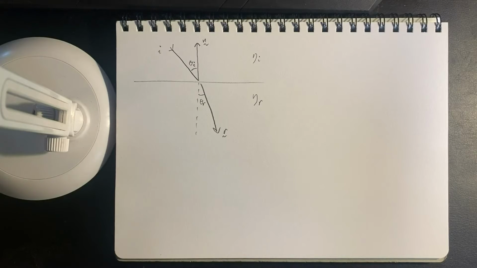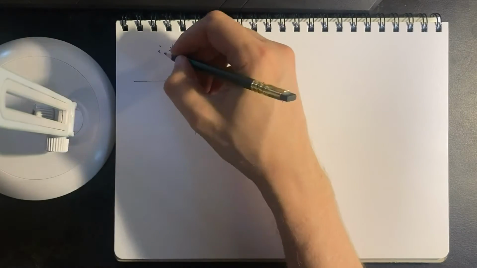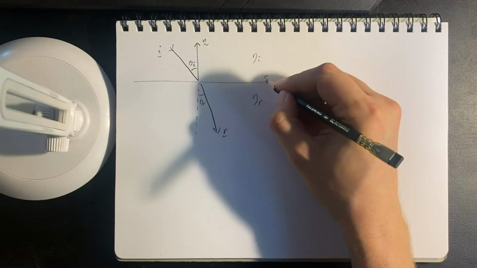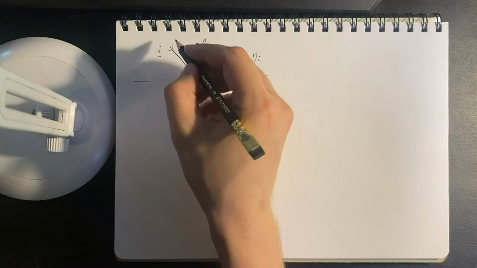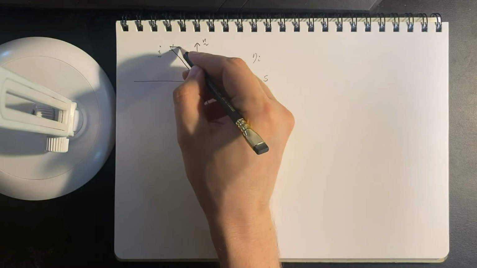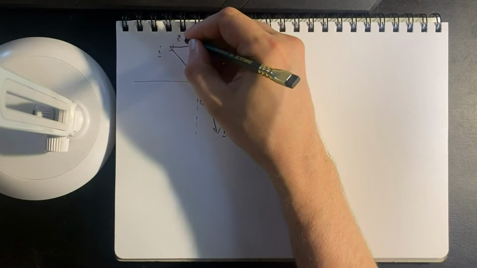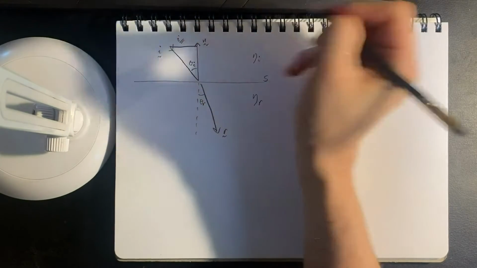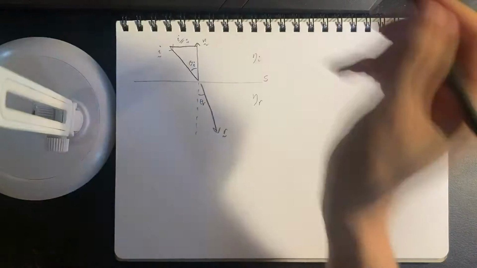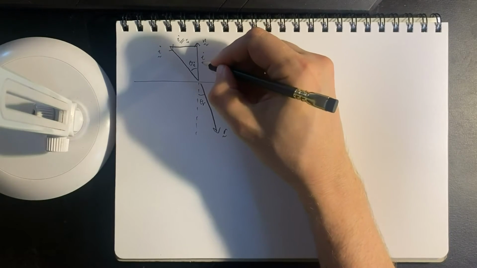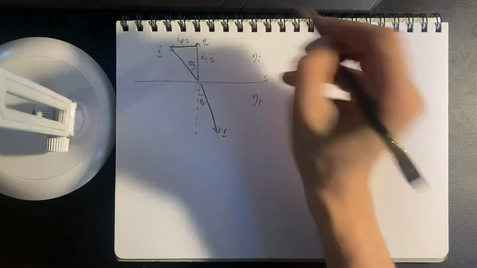Okay, so with that in mind, what I'm getting at is we can decompose these vectors with reference to the surface. So I'll break this down. The incident vector will have some component which is parallel to the surface that we're shooting into, and some component which is perpendicular to the surface.